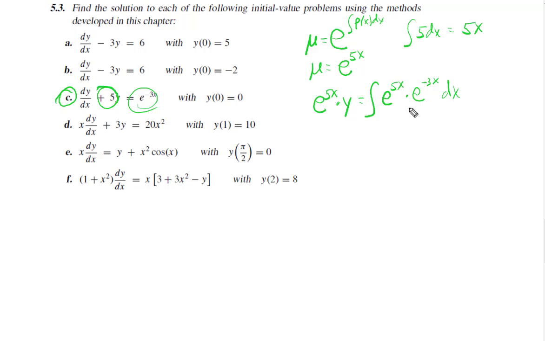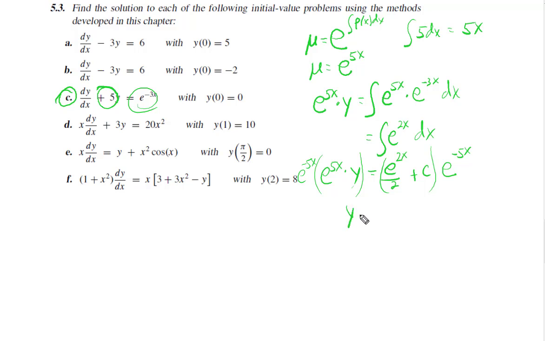Now e to the 5x and e to the negative 3x comes out to be an e to the 2x. We can integrate e to the 2x. That would be e to the 2x divided by 2. And then our constant of integration. And we can find y by dividing through by e to the 5x, which is the same as multiplying through by e to the negative 5x.